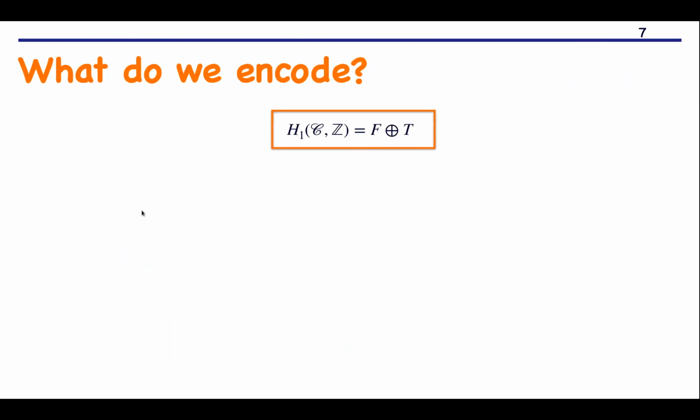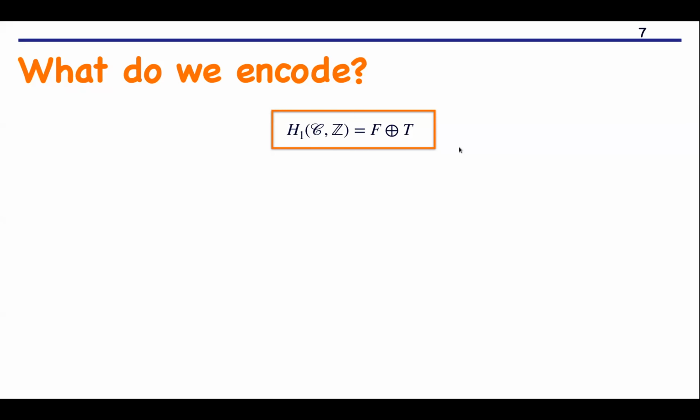And so now the question: what do we encode? This can actually be completely understood looking at the X part. Basically, it's known that this first homology group over Z of a chain complex can always be split into two parts.